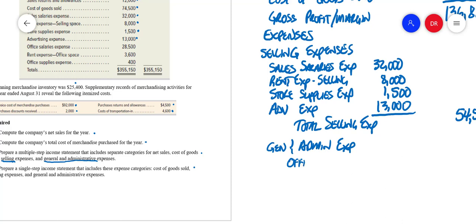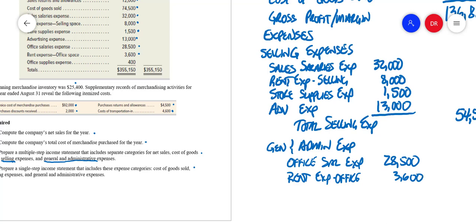We're going to have office salary expense. That amount will be $28,500. Next will be rent expense, office, and that will be $3,600.